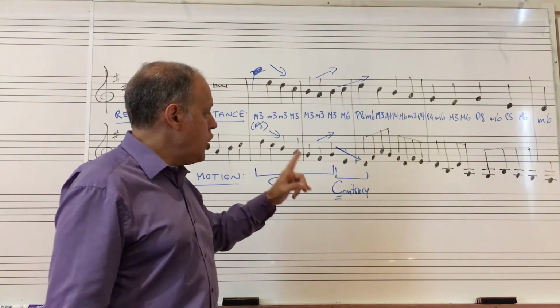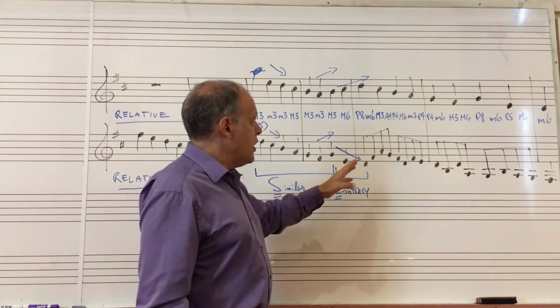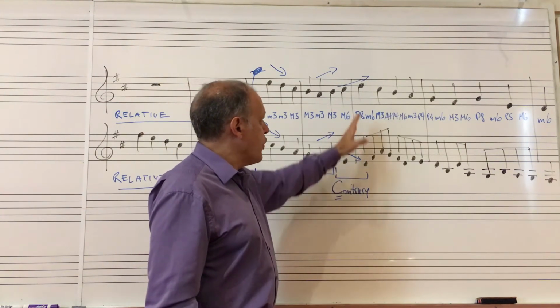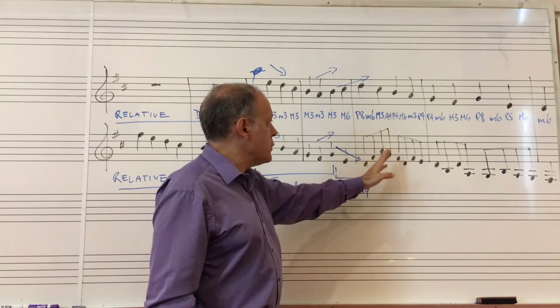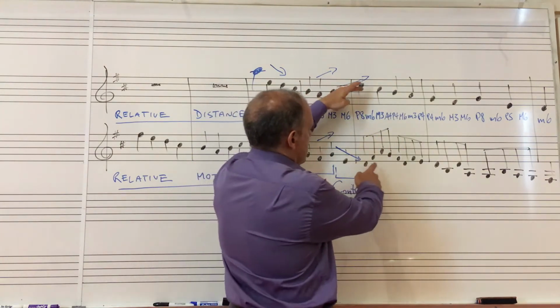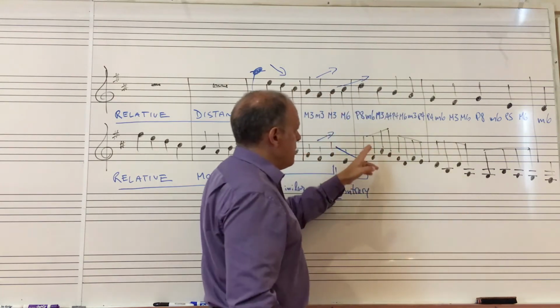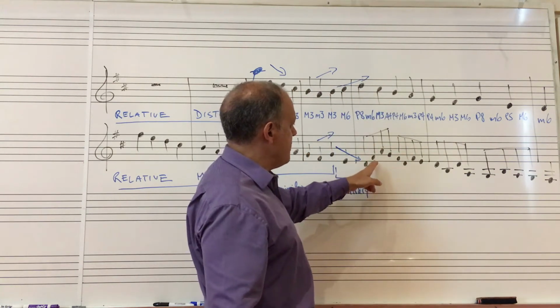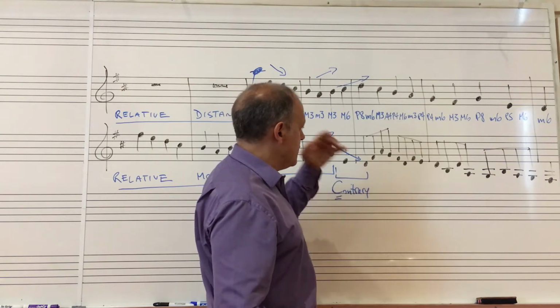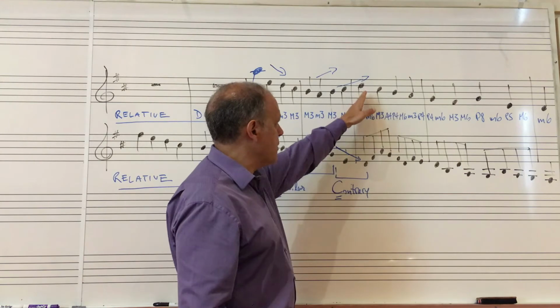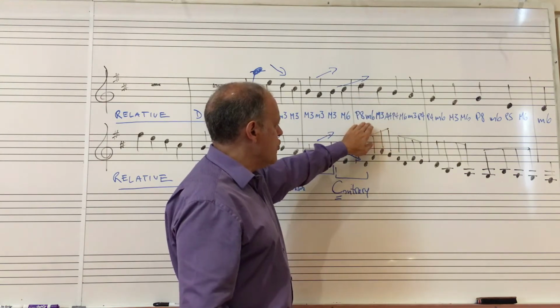First of all, notice that I'm not just judging relative distance where the notes have the same onset. So not just that D, D, A, C sharp, F sharp, D, and so on. I'm keeping track of the fact that every step of the way there is some awareness that the relationship of this part to that part is changing in relative distance.